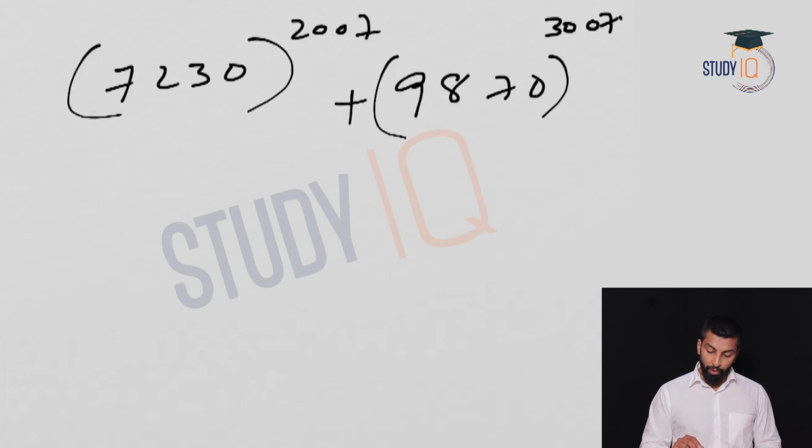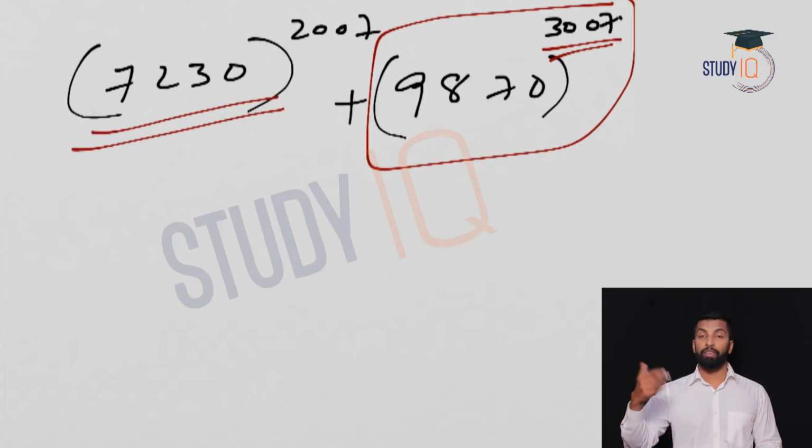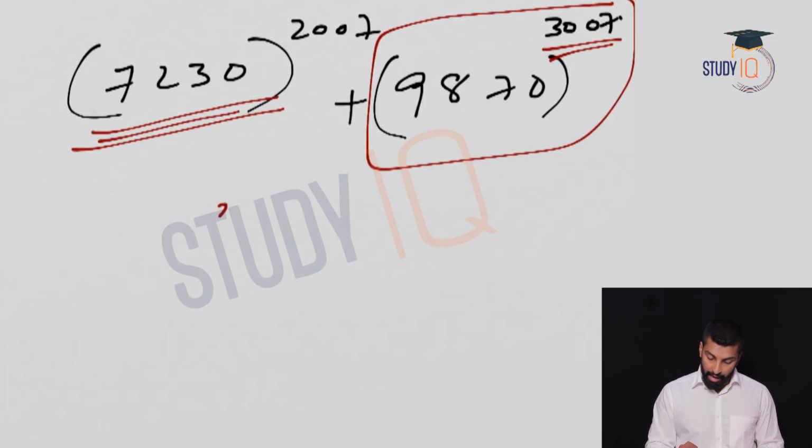Now first you need to know which number is important for you. This number is important because if you take this number, there will be more zeros, right? Since the power is 3007, obviously there will be more zeros. So if this number's last non-zero integer is, let's suppose, a, then you have many zeros, right? What about this number?